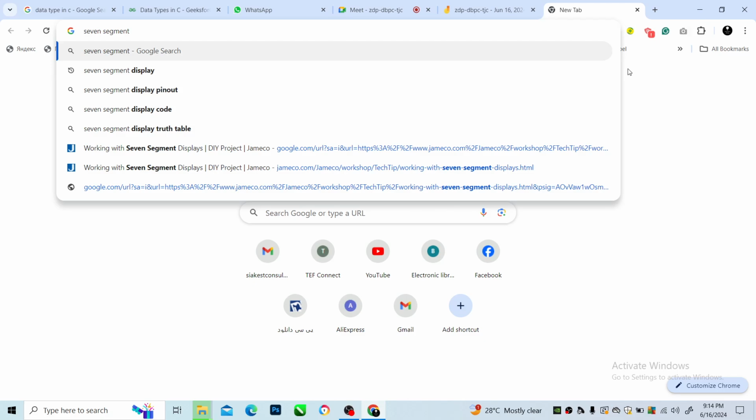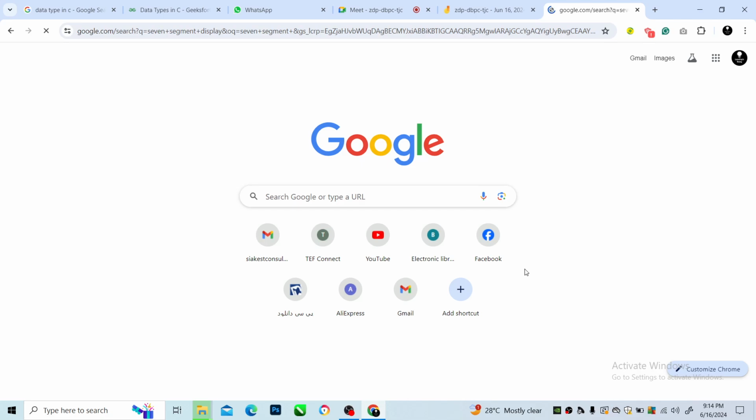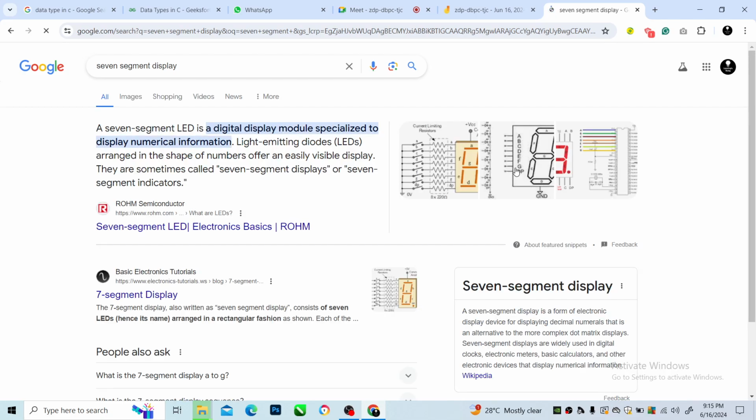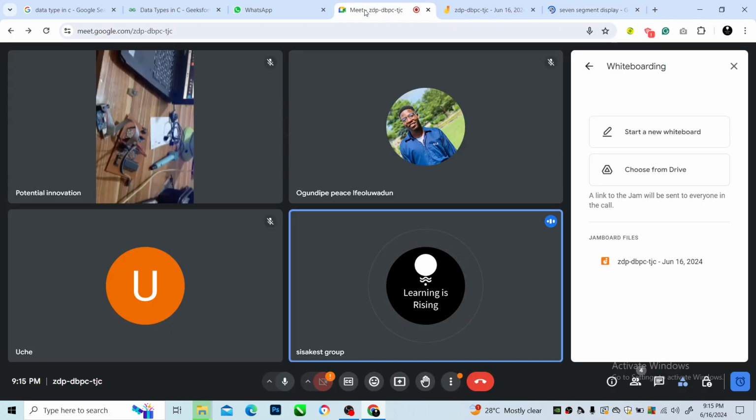So we use this to display information to people in numbers and series. A little observation shows that the maximum number of things you can display using seven segment is 2 raised to power 7 minus 1, which I believe should be 127. These are the possible combinations that will make sense, because you can't have one LED alone give you something that makes sense.